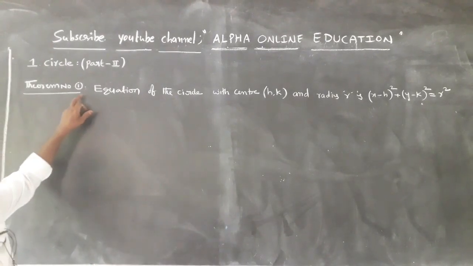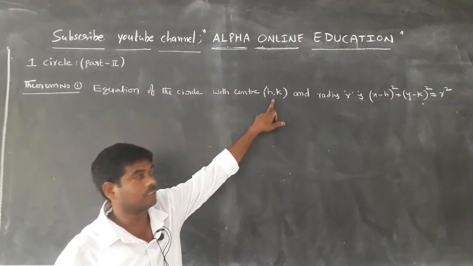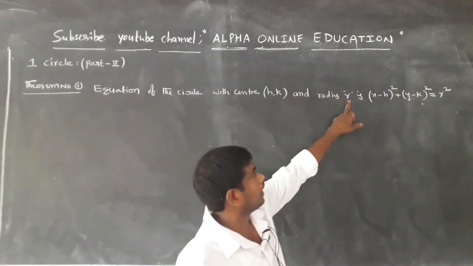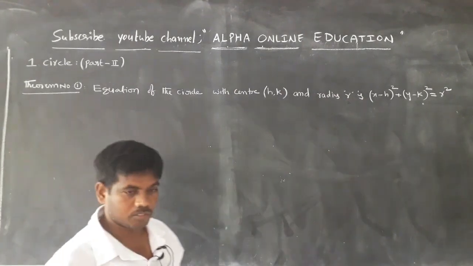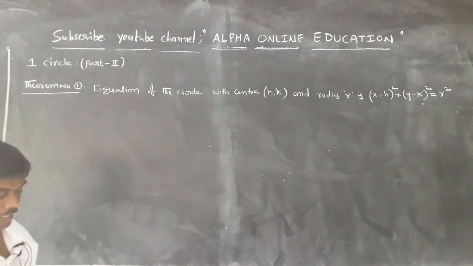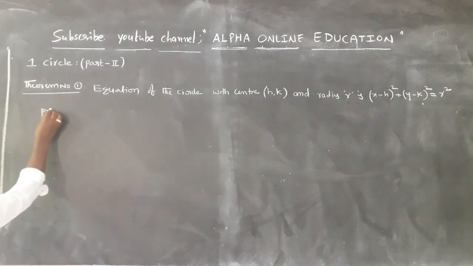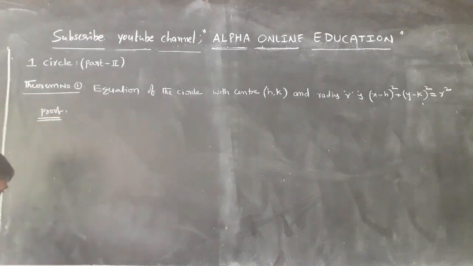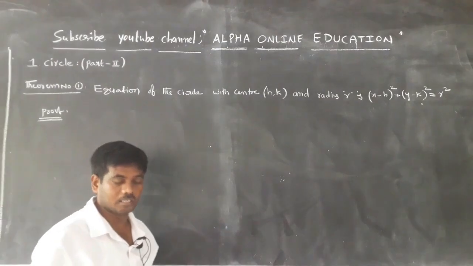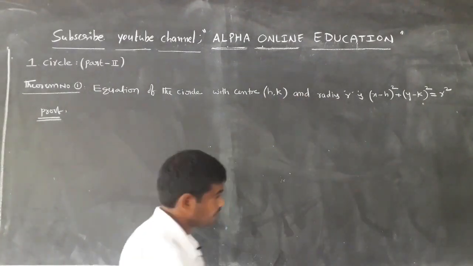Theorem number 1. Equation of the circle with center h comma k and radius r is x minus h whole square plus y minus k whole square is equal to r square. This is the formula for finding the circle given center and radius.